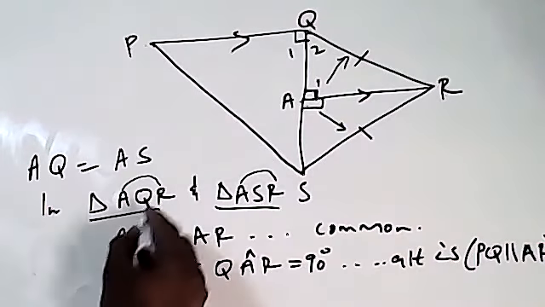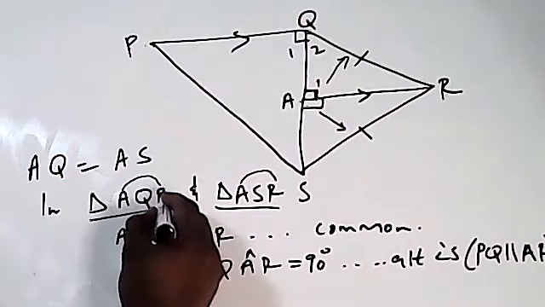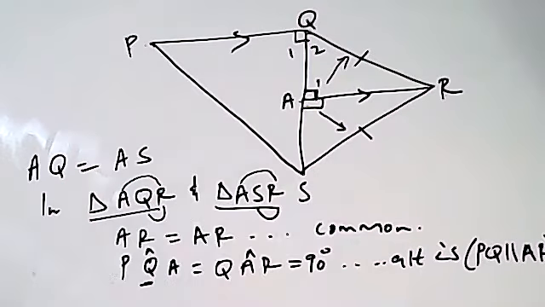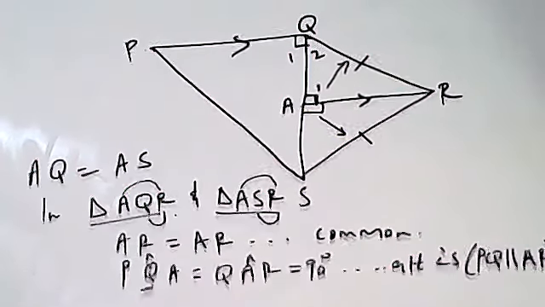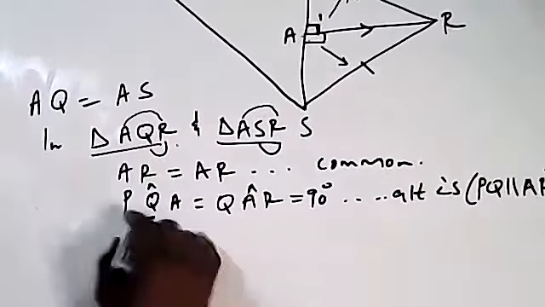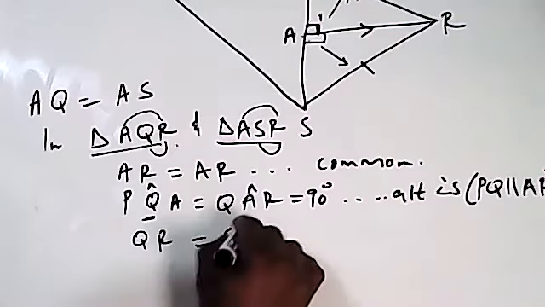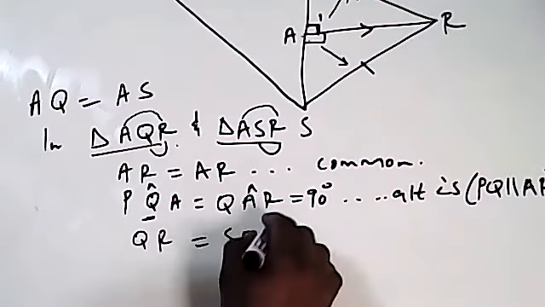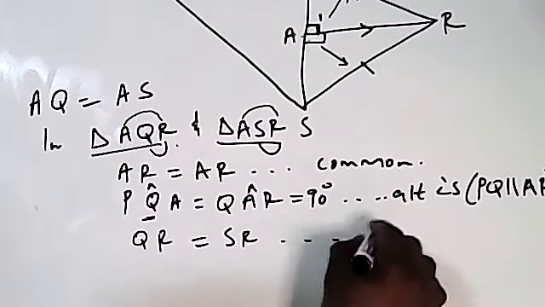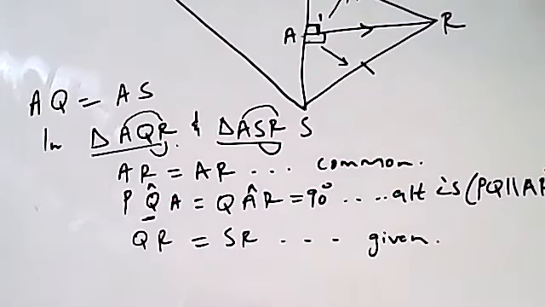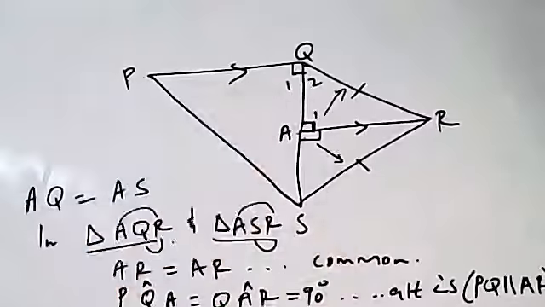So QR is equal to SR, or RS. And the reason for that is it was given. We were told from the get-go that QR is equal to RS. Does it make sense?